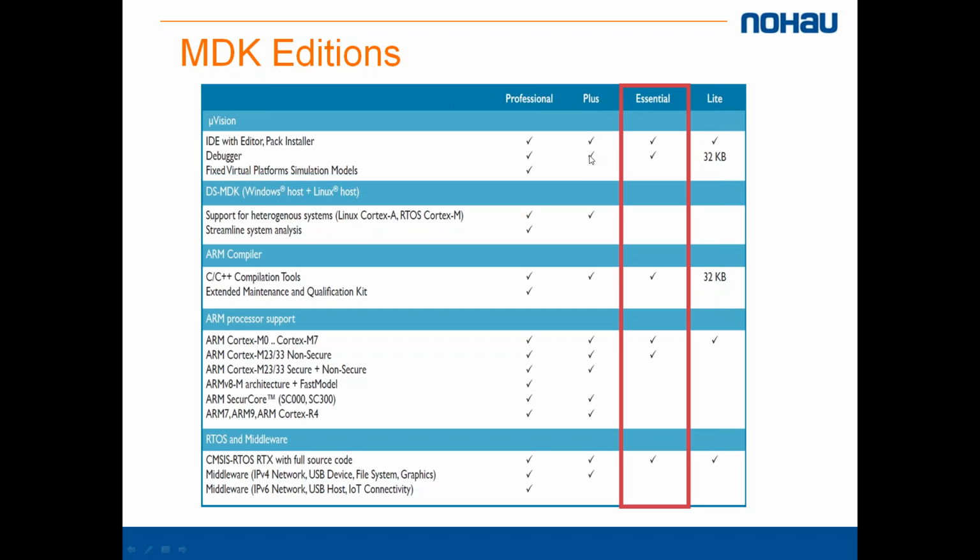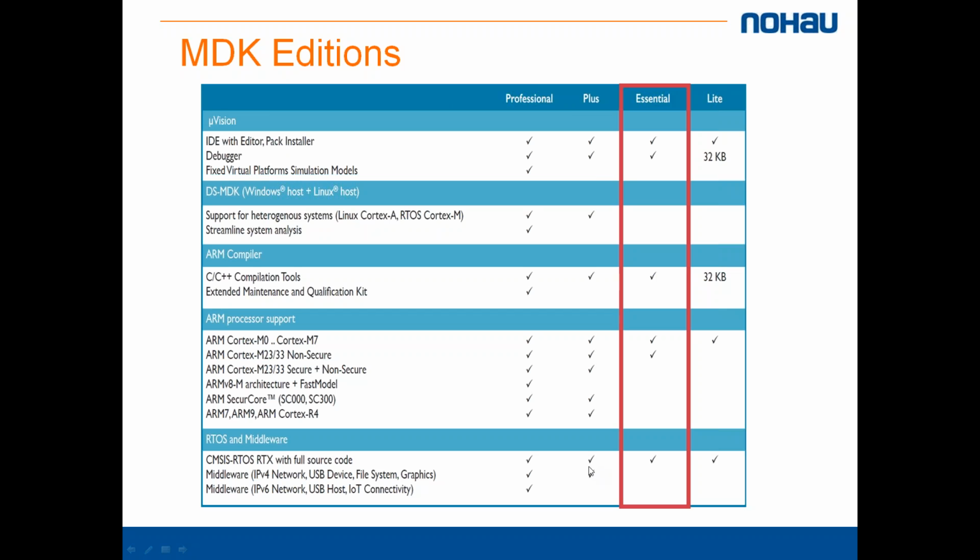If you go one step up, then we have the Plus version. The Plus version has support for the Cortex-M, but also if you're looking at developing software for a heterogeneous system, such as an i.MX7, for instance, it has support for both the Cortex-M and the Cortex-A part. You have support for the secure and the non-secure part of TrustZone.